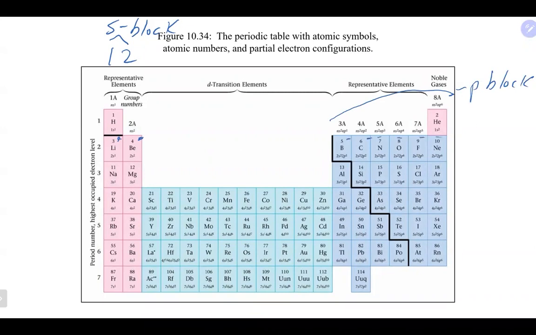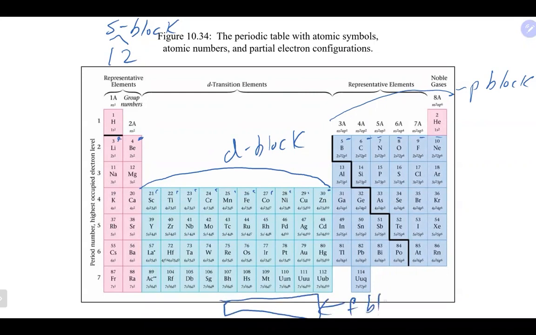The transition metals are our D block, because you can hold 10. The 2 rows not on this picture are our F block. The lanthanide and actinide series at the bottom have 14 boxes, which is the 14 electrons.